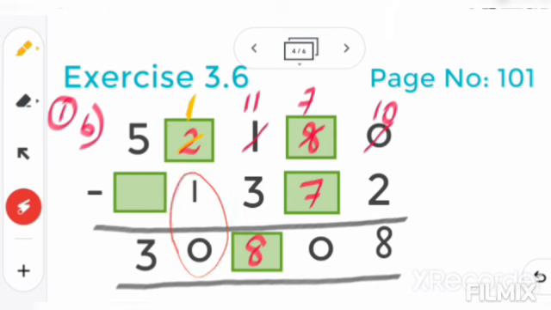So when you add 0 plus 1, you will get 1. So in this box 1 only should come. But since we have given 1 borrowing here, so this will be 2. If you have not given 1, then 1 only will be the answer. Since we have given 1 here, that borrowed 1 also you have to add and write in the box.